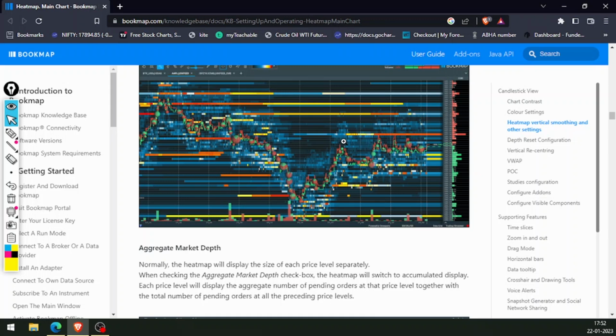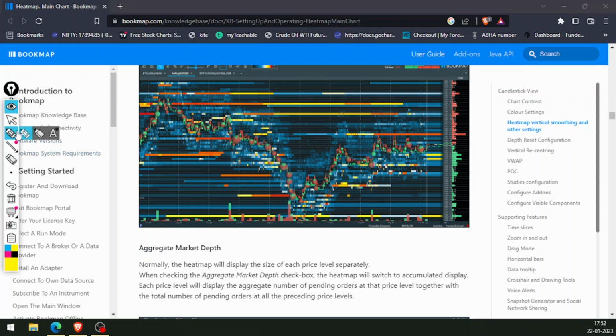Supply and demand, support or resistance, liquidity, whichever word you use, the movement in the market is created by them, not us. So Bookmap and Contour provide this data to identify exactly where the limit buyers or sellers are sitting, at what price and what volume. All of this data is provided by the heat map.